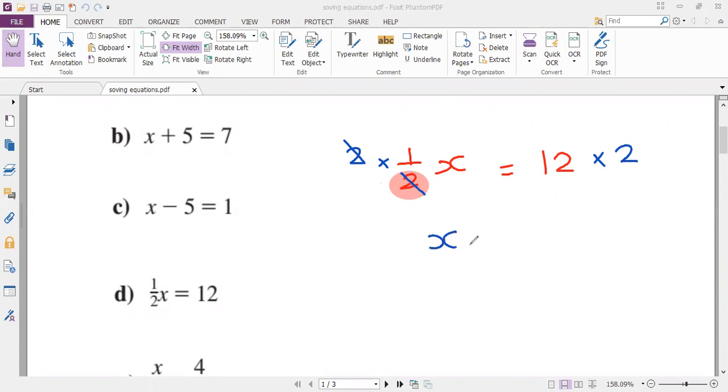So you are left with x in the left-hand side equals 12 times 2, which is 24. So simply, what is the meaning of solving an equation? The meaning of solving an equation is to find the variable x or to find the variable y or to find any variable as it's written.